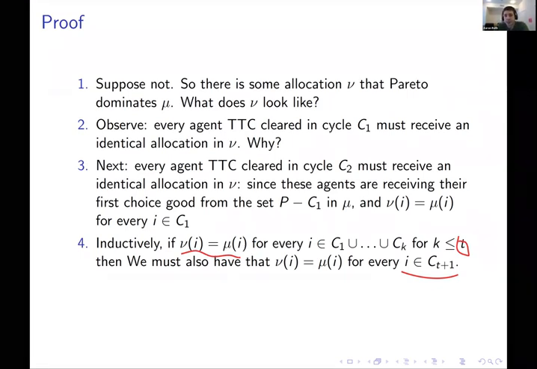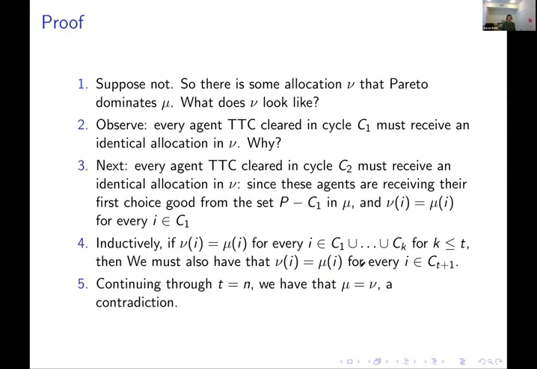And so if you can't get anything that was cleared in the first t rounds because it's already been spoken for, not just in mu, but also in nu, then you cannot do better than your allocation in mu, which is, by definition, your favorite good amongst everything that was remaining after the first t rounds completed. Okay?